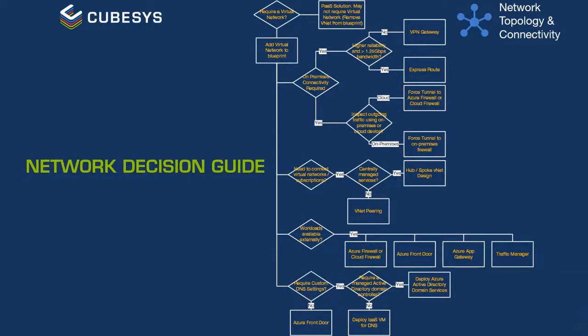But if you do need that connectivity, where you need some kind of on-premise connectivity, it might be that you have a deployment that relies on a database that you can't move straight away. So you might need that connectivity, and if you need that reliability, you might need to look at something like ExpressRoute.